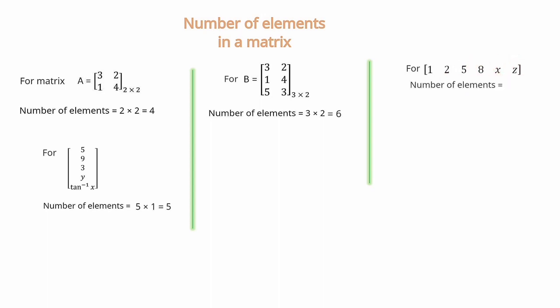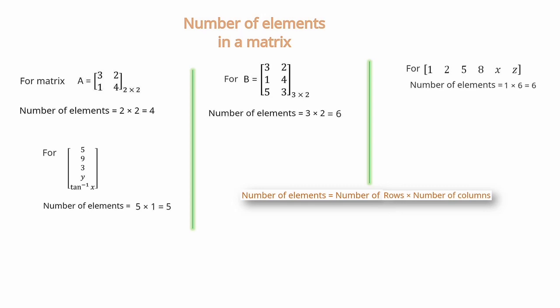That is, the number of elements is 1 into 6, which is equal to 6. So, in general, the number of elements is equal to the number of rows into the number of columns.